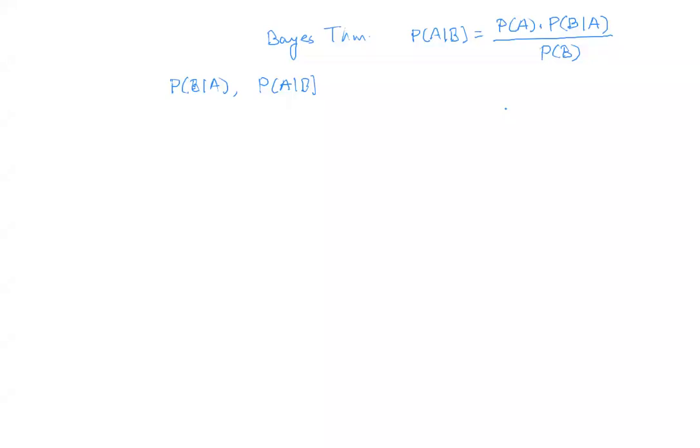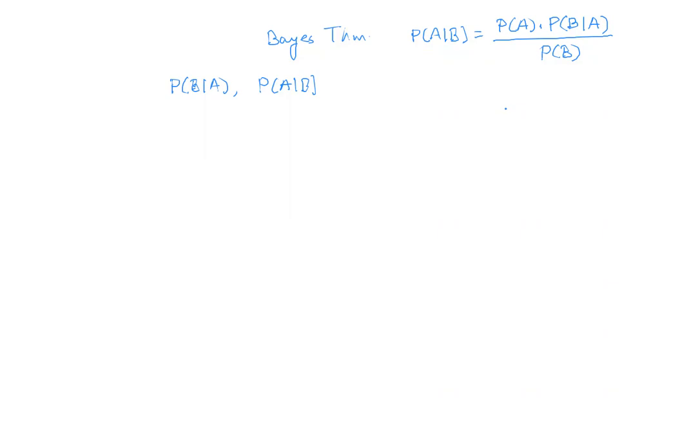So the given condition is that somebody tested positive, and the thing that you are trying to find is the probability that the person actually has the disease given that the test came out to be positive. So that's a very simple example.